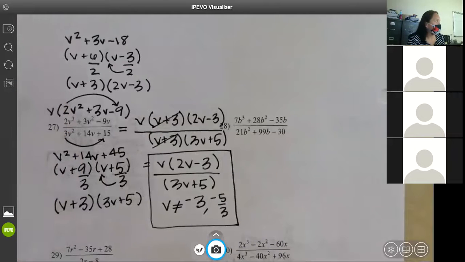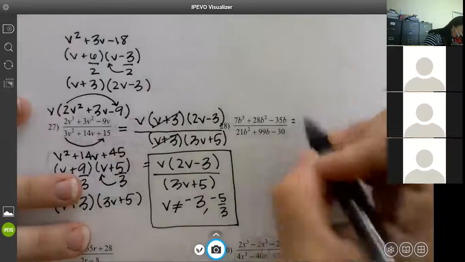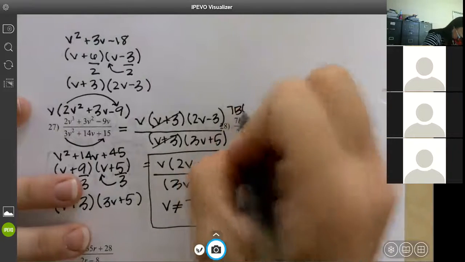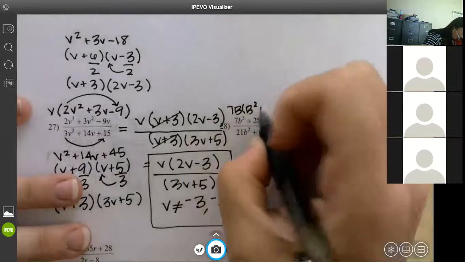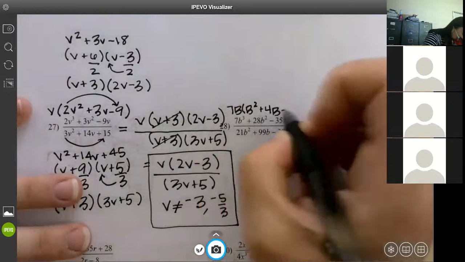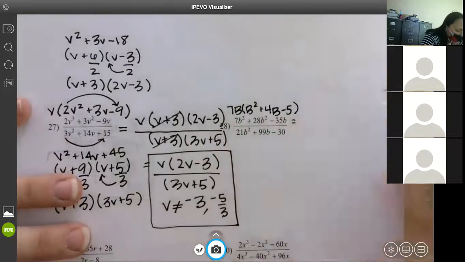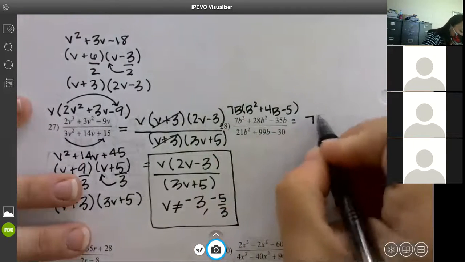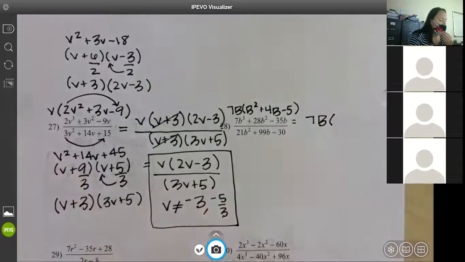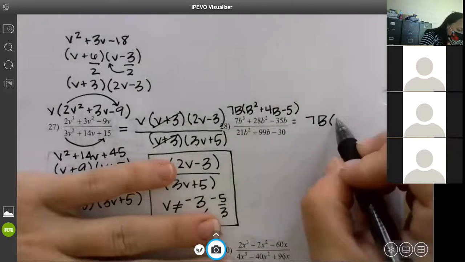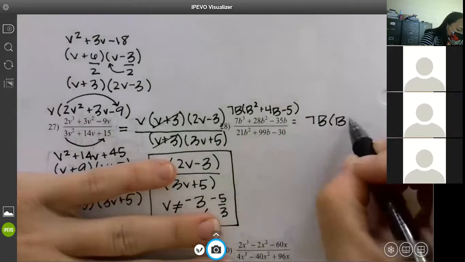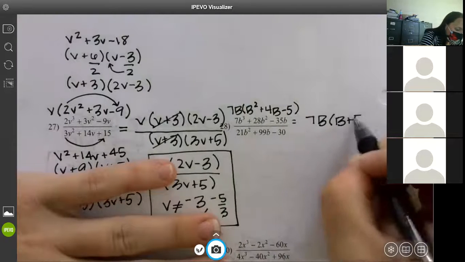The top is easy. Why? You have a GCF of 7b. Leaves me with b squared plus 4b minus 5. What are your factors of negative 5 that add to 4? 5 and negative 1.